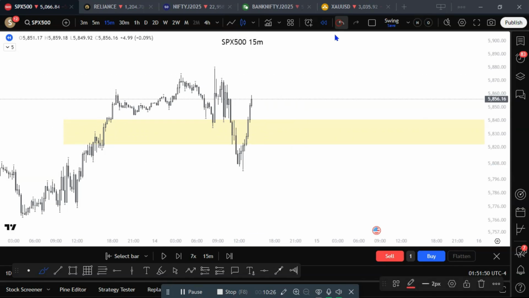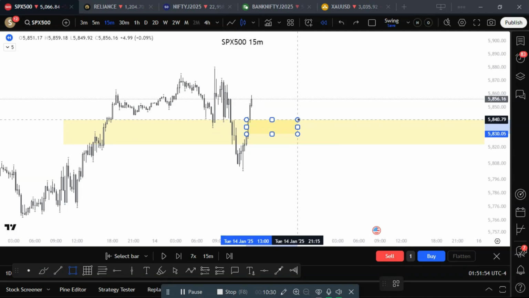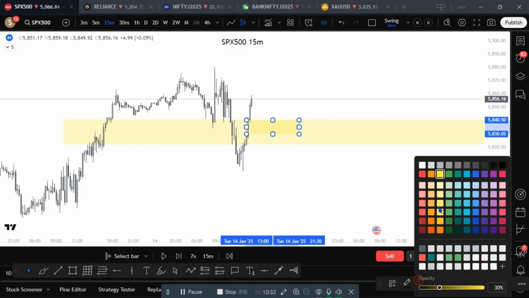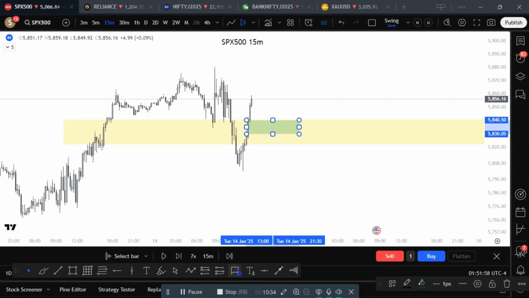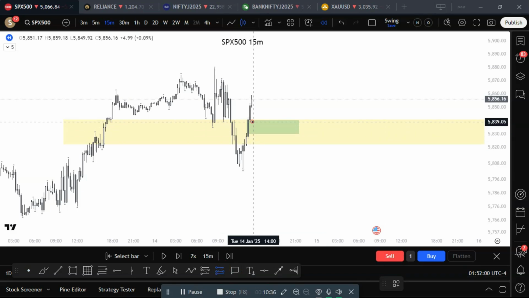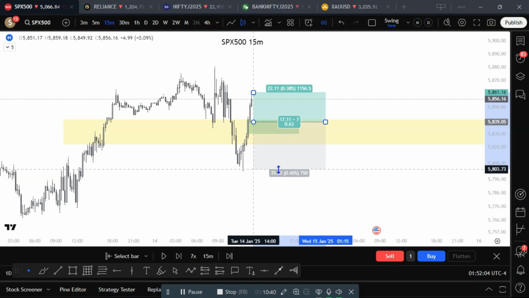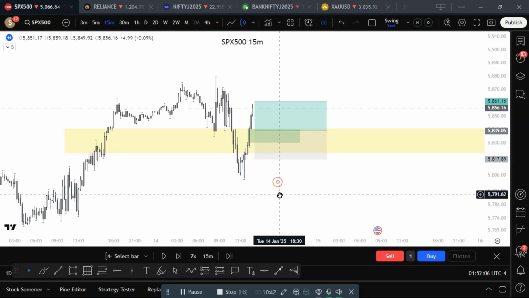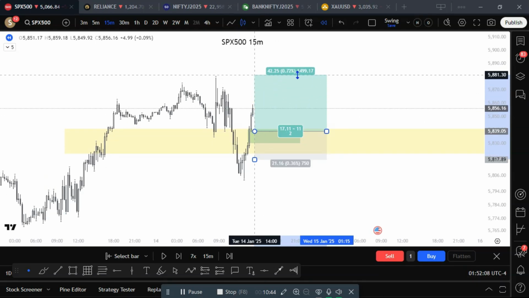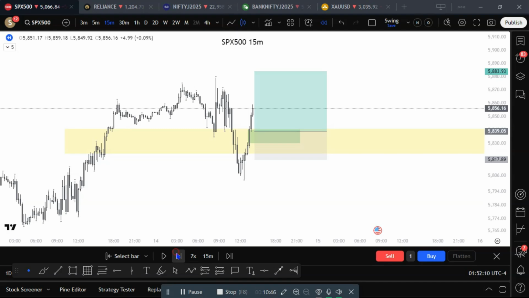Alright, then we have again a fair value gap in the 15-minute. Let me change the color. Let's set the limit entry. As I told you, you do not need to place your stops above all of the swing low. That is nonsense. Simply below the candle because this is already high probability.